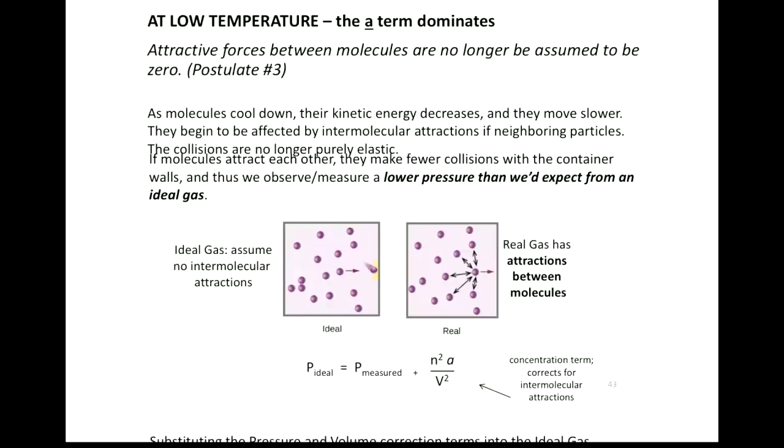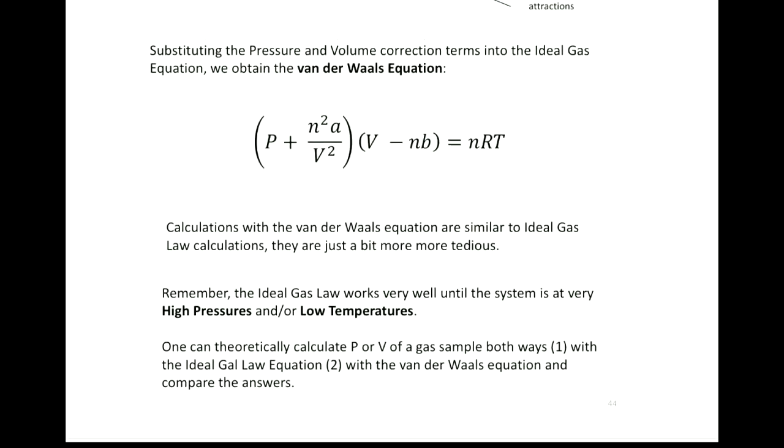That's why, reinforcing, at low temperature, real gases come into play. So with the A term and the B term, we put it all together, and that's how we get the van der Waals equation. It's the same equation I presented above, but I wanted to explain why we have to use this equation when we have high pressure conditions or low temperature conditions.